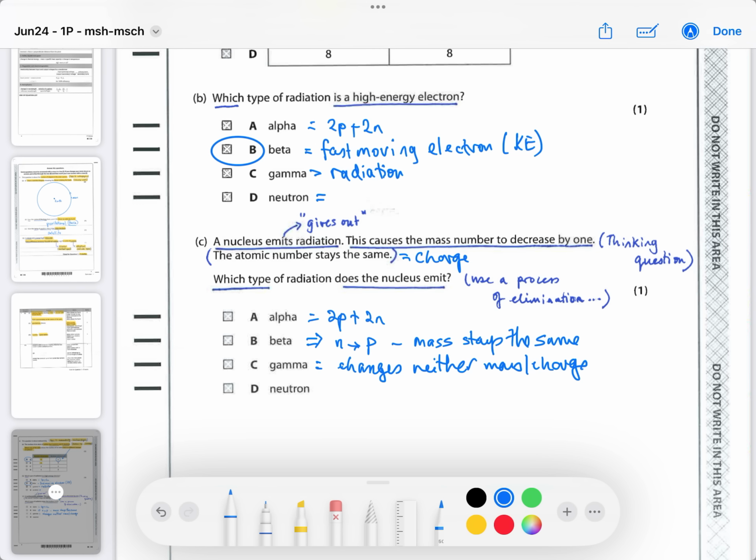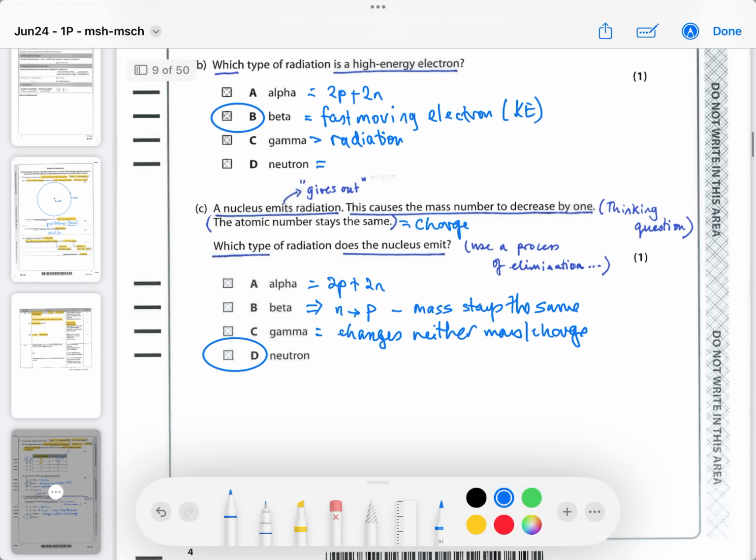Okay? So it's not C, so the answer has to be, by process of elimination, D. Yeah? If it gives out a neutron, that means the mass is going to decrease by 1. Yeah? But the atomic number, which is protons, doesn't change. Okay, so the answer is D.